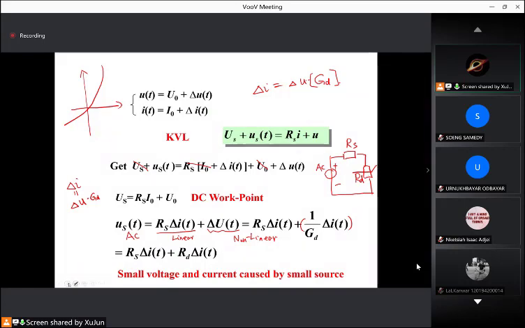Because delta U and delta I are very small, that means it changes the static work point only from this part to this part, a very small part. So for this small part, the delta U and delta I, we can treat it as a straight line.